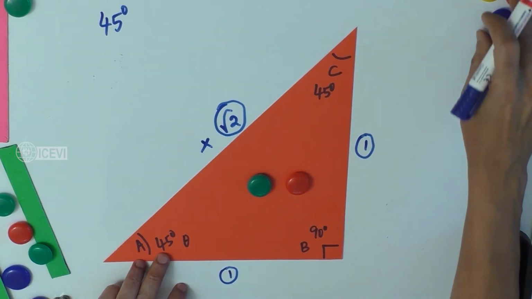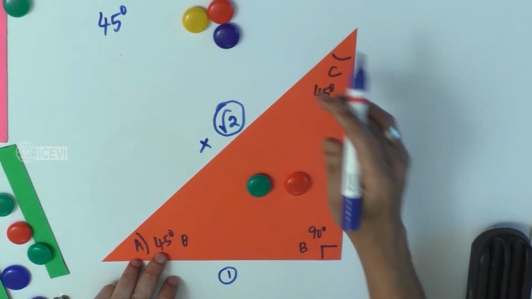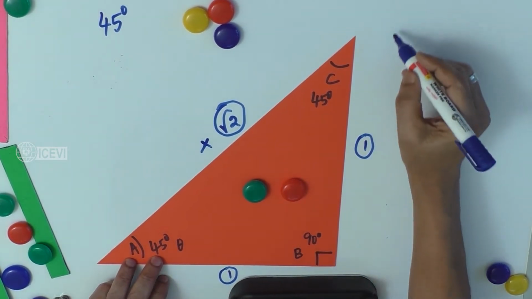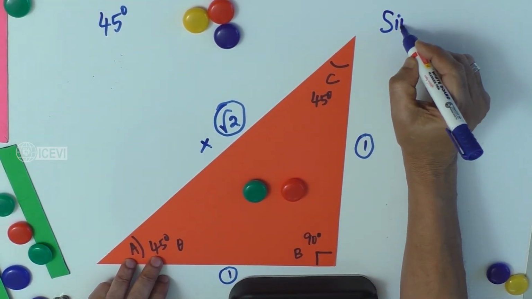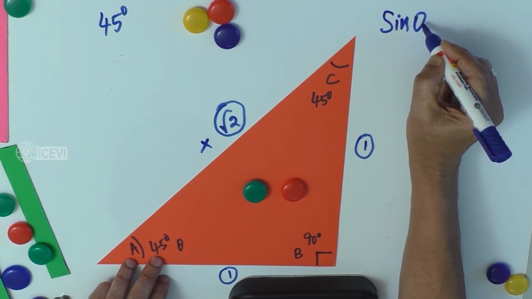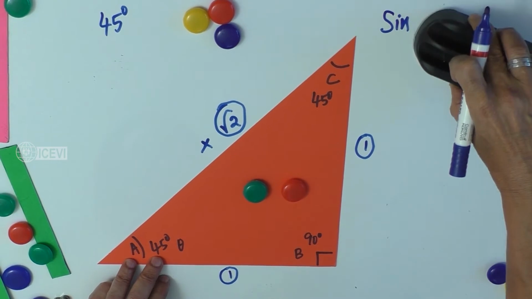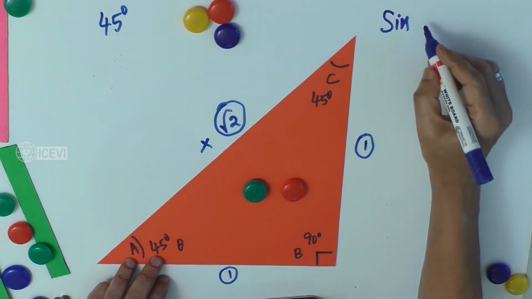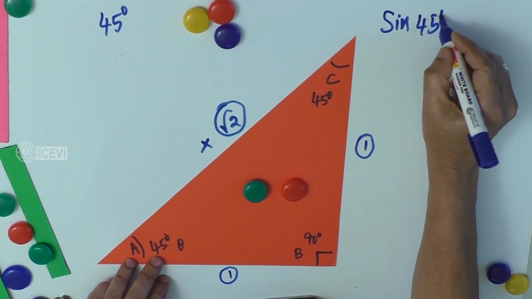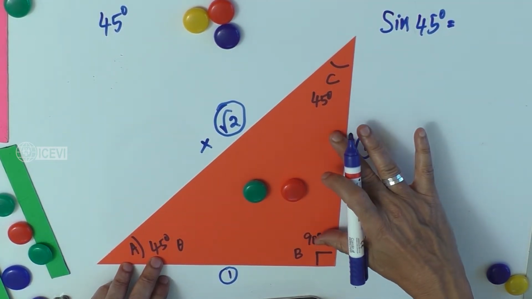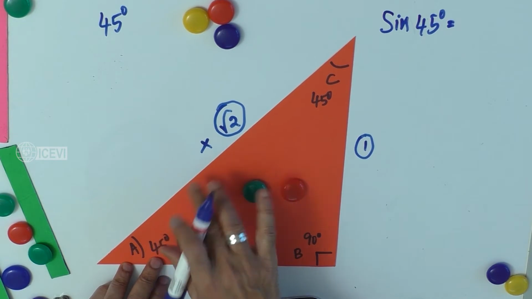Now we have to find out the different trigonometric ratios. Let us go for sine theta. Sine theta, here theta is 45 degrees. So let us write sine 45 degrees. Sine is the opposite by hypotenuse.